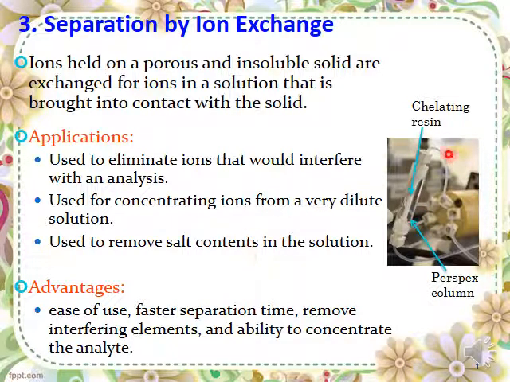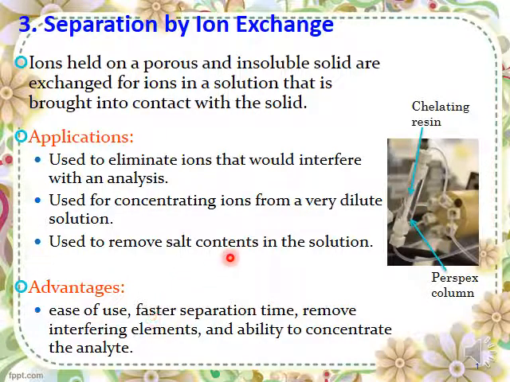So we pass the sample through here, again in the cation exchanger, and then using standard hydrochloric acid solution, diluted to a known volume. So the effluent of the sample can be collected.